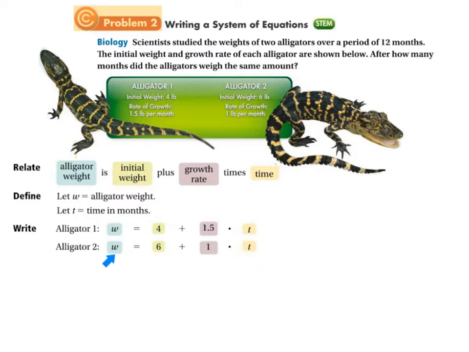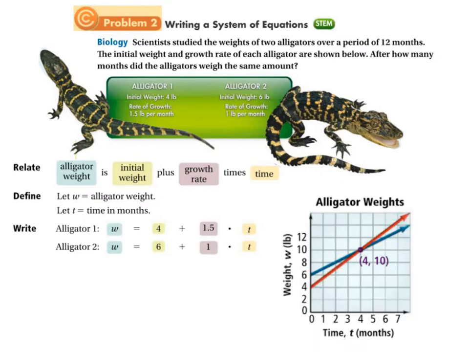Okay, so those are two equations where time is going to be independent. Their weight depends on how much time has gone by. So time is the independent variable. We put that on the x-axis, okay? Time in months. And this, of course, then is time 0. So that's going to be their initial weights. That's going to be the y-intercept. And you graph the lines.